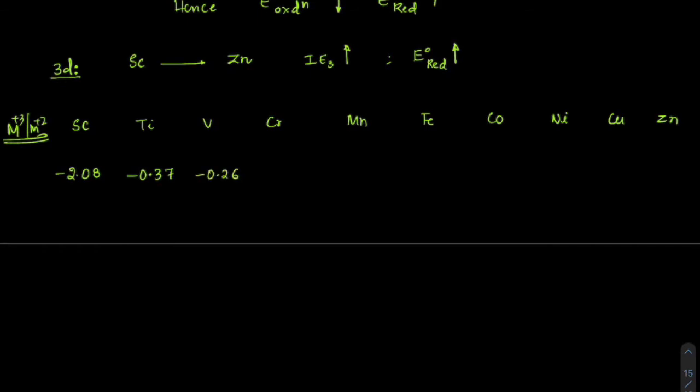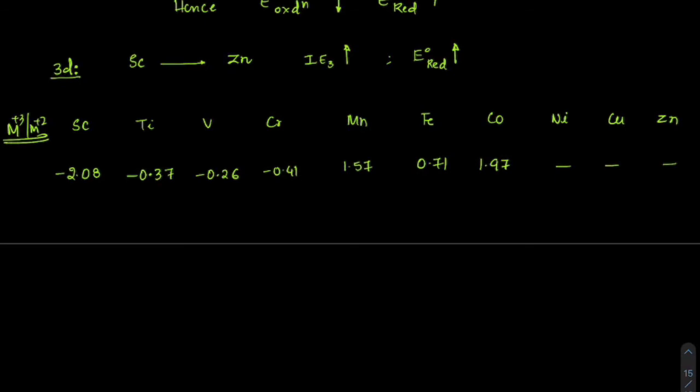Then vanadium 0.26 volts, chromium minus 0.1 volts, manganese 1.57, and iron is 0.71 in positive value, and cobalt 1.97. Cobalt is 1.97. Nickel plus 3 does not exist, copper plus 3 does not exist, and zinc plus 3 does not exist. These are the values and it is very tough to measure them.